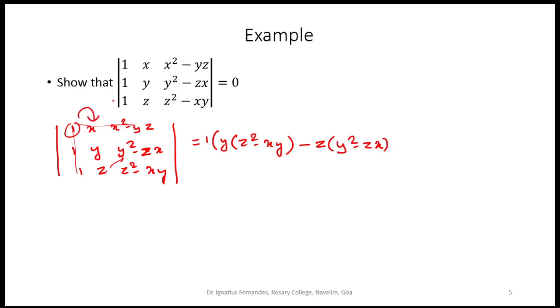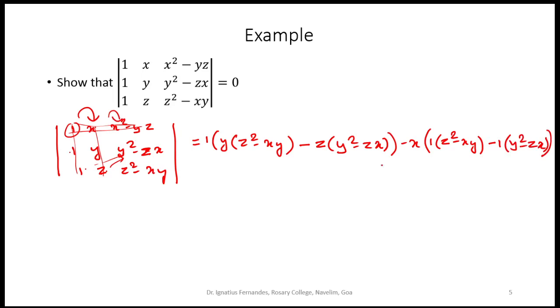Then I go to the next element, minus x into, taking out the respective column and row, 1 multiplied by z square minus xy, minus 1 multiplied by y square minus zx.